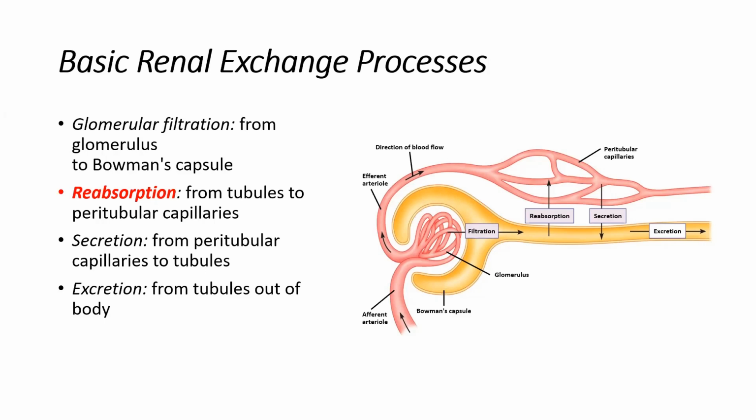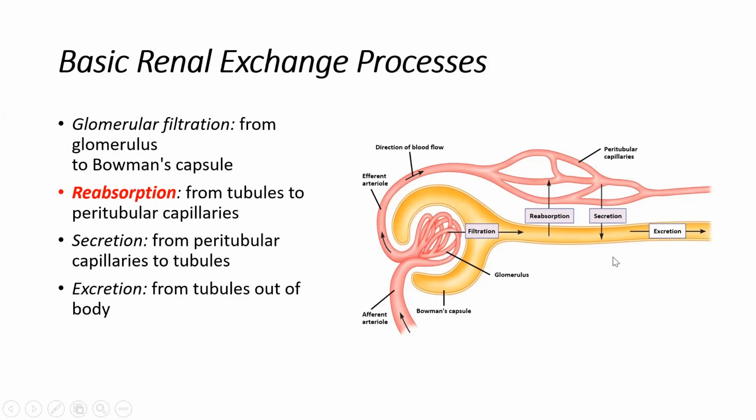We can then secrete that into the urine so that it can be lost via excretion. And so secretion is going to be moving substances that we don't need, but that were not filtered out, right? They're still in the vasculature, and we can move those substances directly across from the vasculature into the tubular structure because of this association with the peritubular capillary or the vasa recta. Okay, so this is movement in the opposite direction.